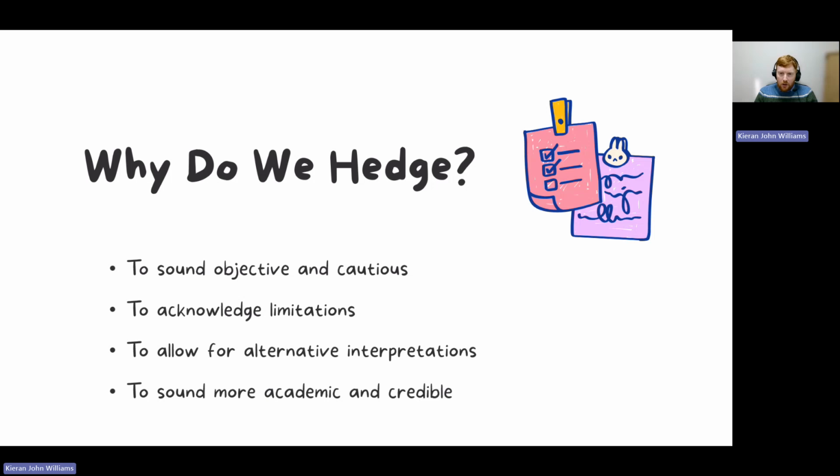Hedging also helps us sound objective and cautious, which is expected in your academic writing. It allows us to acknowledge the limitations in our own research and recognize that there may be some alternative interpretations. So overall, hedging makes your writing sound more academic and more credible.